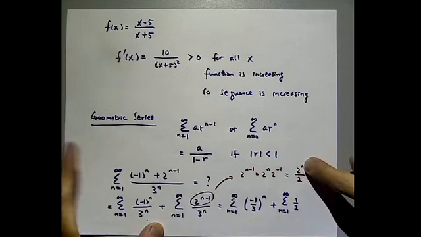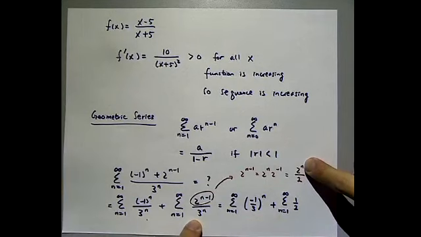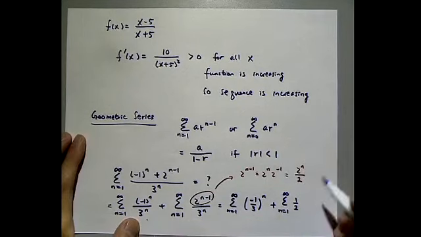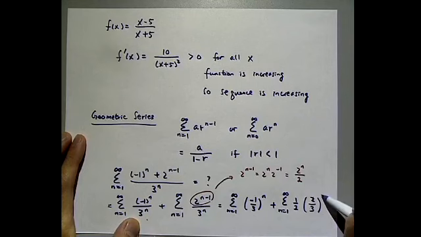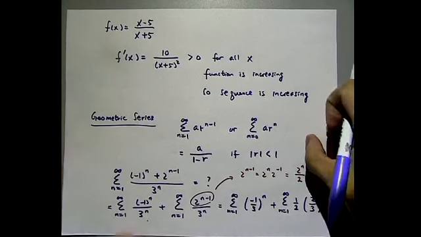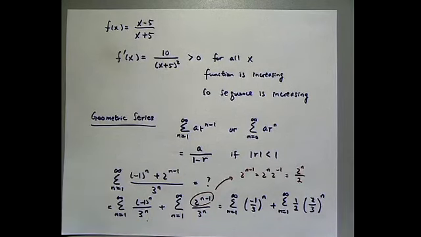And then I have 2^n over 3^n, or 2 over 3, the whole thing to the nth power. Okay?